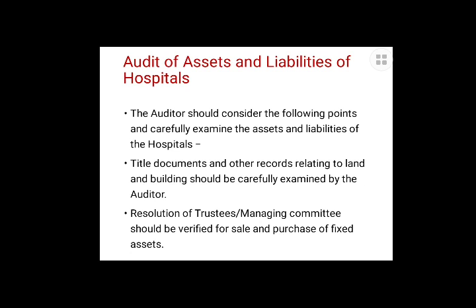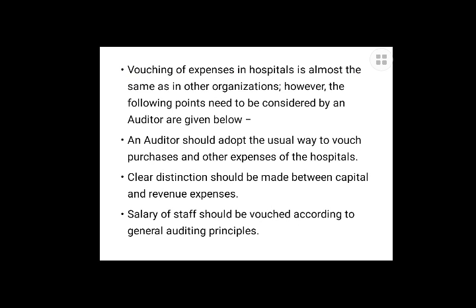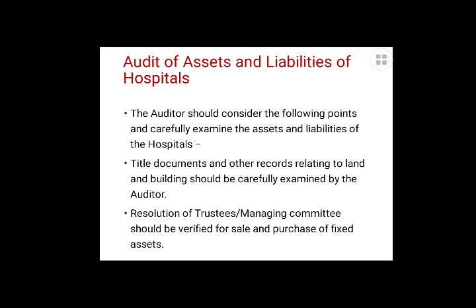So these were the things which need to be considered by the auditor while vouching the expenses. He should adopt the usual way to vouch purchases, like we have seen how purchases are going to be vouched, how vouchers or documents are going to be verified, which points need to be considered. There should be classification in capital and revenue expenditure, etc.